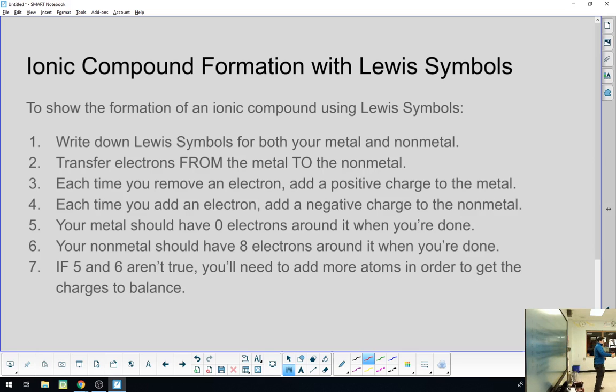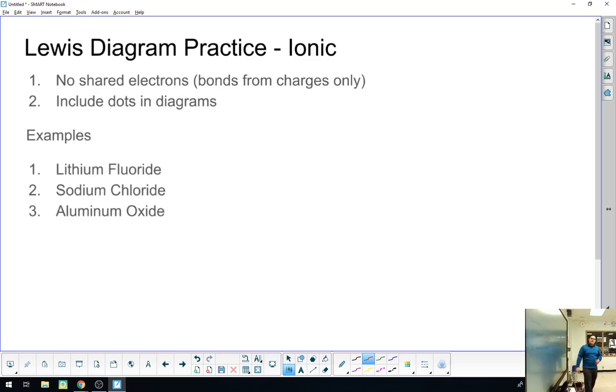Let's now move to the next step. If we look at elements and their valence electrons, we can predict what their Lewis structures are going to look like. For ionic ones, I really don't like them. They're not super helpful. We're still going to do them, but we're going to do this a whole lot more with covalent ones, and we'll see when we get there why that is. So let's look at lithium and fluorine, for example.